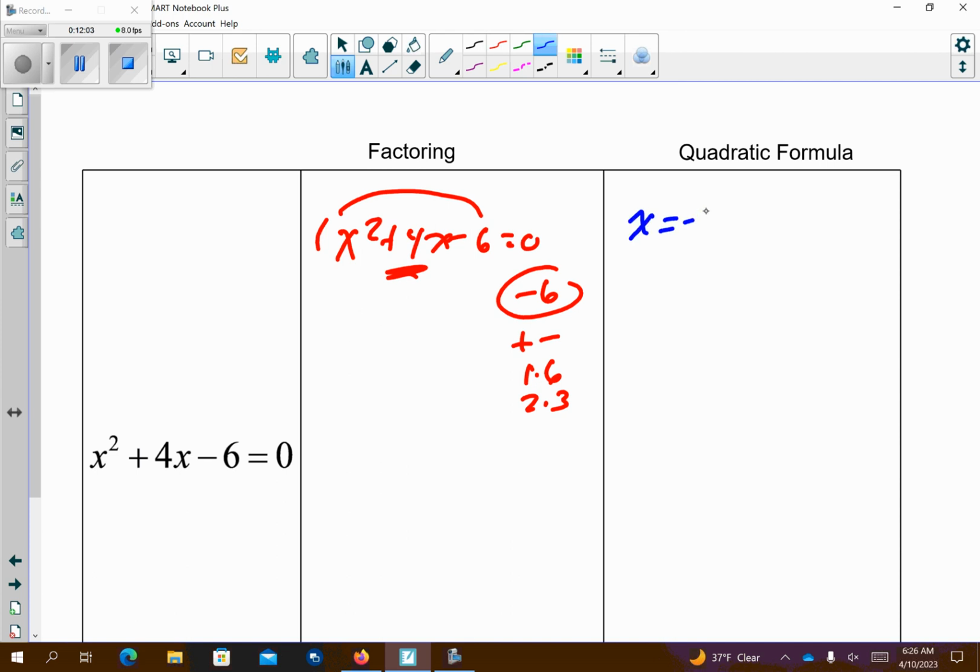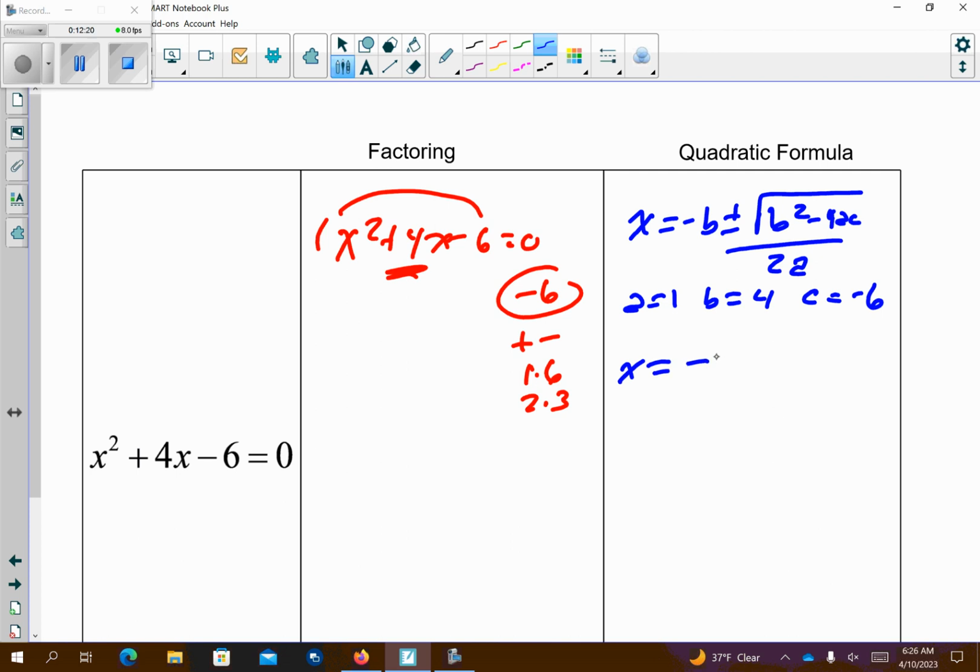So I get x equals -b plus or minus the square root of b squared minus 4ac all over 2a. My a value is 1, my b value is 4, and my c value is -6. So let's plug in what we know. X equals, there's a -4, okay? Remember that's +4, so when I plug it in, it becomes negative.